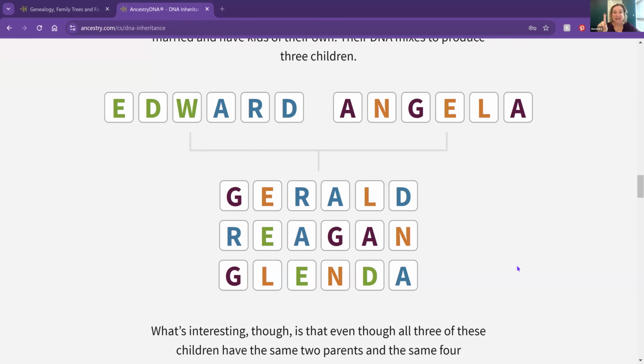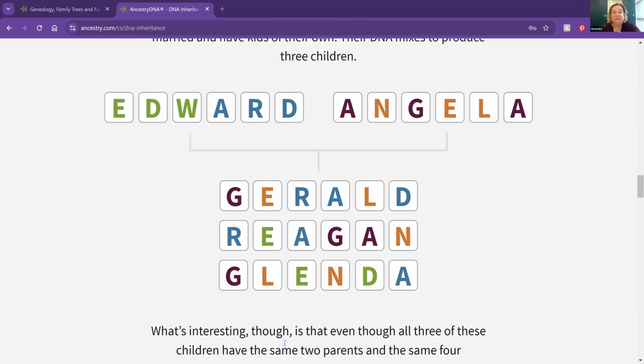So the first lesson is you get a random 50% of dad's DNA, a random 50% of mom's DNA. The second lesson is every child gets a random 50%. The reason that's important is because unless you are an identical twin, you and your siblings do not have the same DNA because you each got a random 50% from mom and dad.